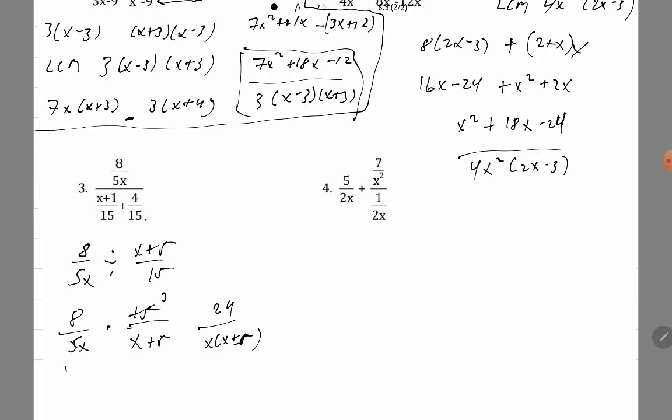Number 4. Alright, so what's going on here is that we have 5 over 2x plus this nonsense, 7 over x squared divided by 1 over 2x.